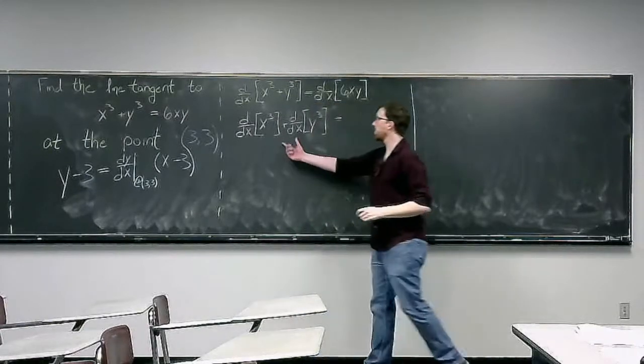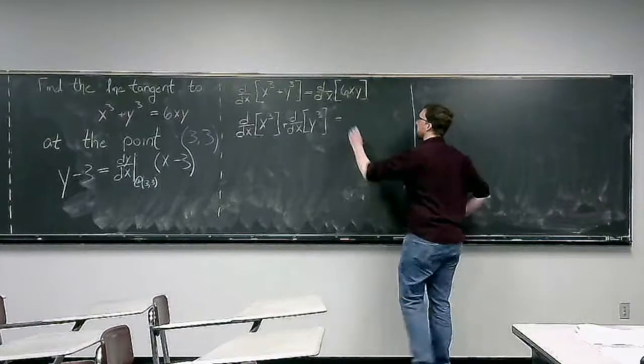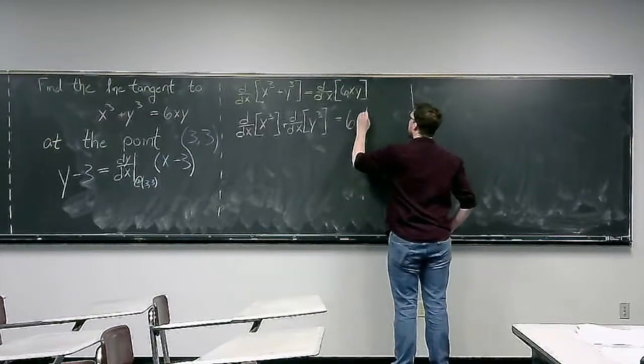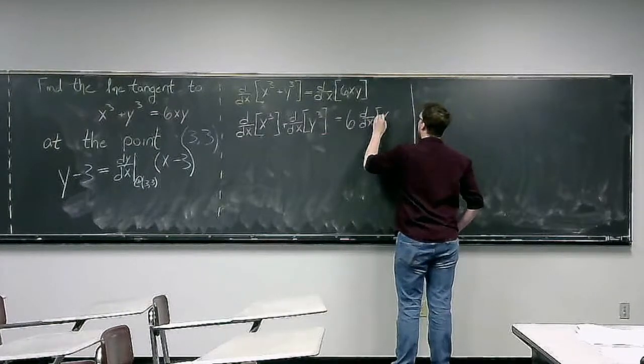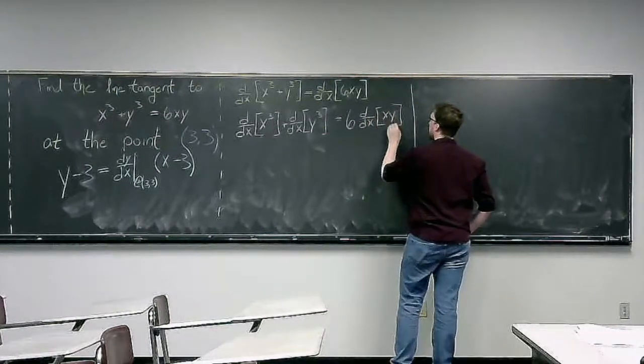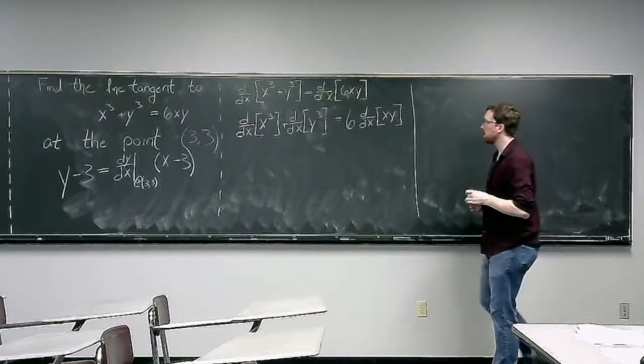That's the sum and difference rule, right? Now we're going to pull out this 6. 6 times d dx of xy. That's the product rule, the constant multiple rule.